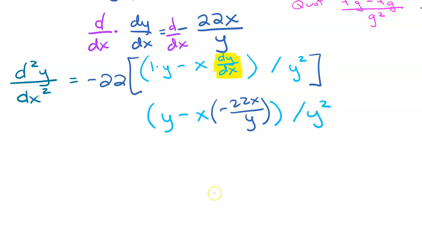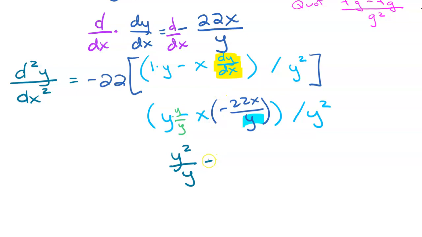So now we can keep simplifying. So how do you add fractions? Well, you've got to have a common denominator. The only denominator there is the y itself. So I'm going to multiply my first y by y over y. So I'll get y squared over y.